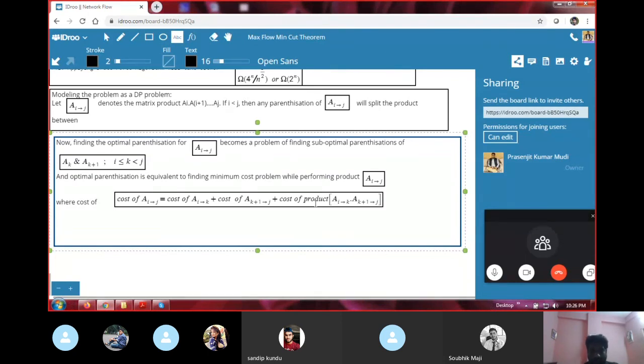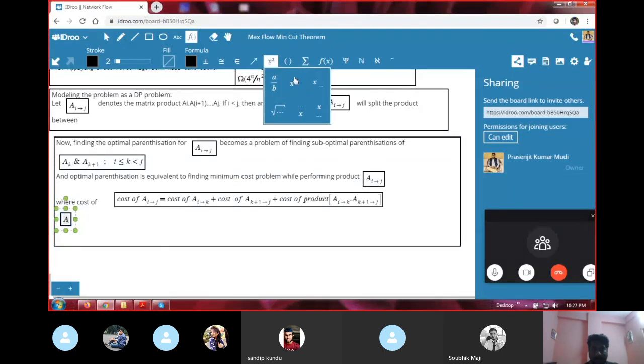So the cost of product. Okay, what is A_ik? Let's try to explore what A_ik is. The problem demonstration is not so tough, it's very easy to understand. But as we are trying to develop the algorithm, we must understand all of this.